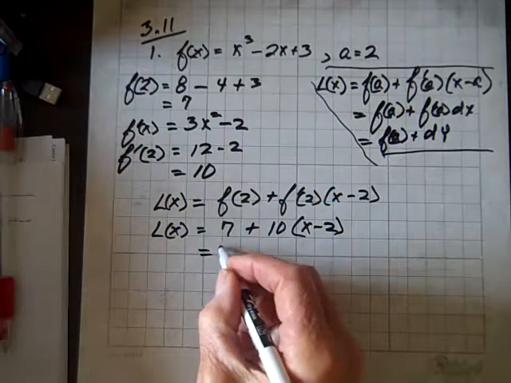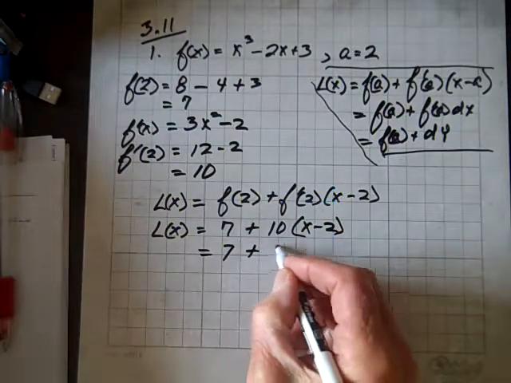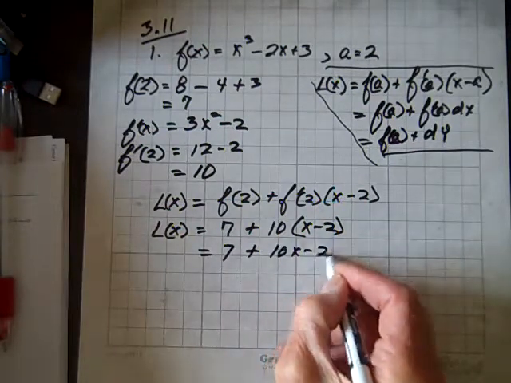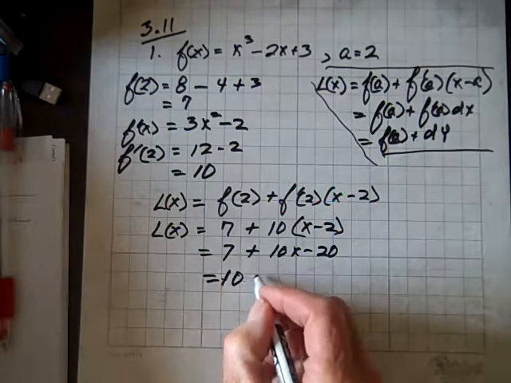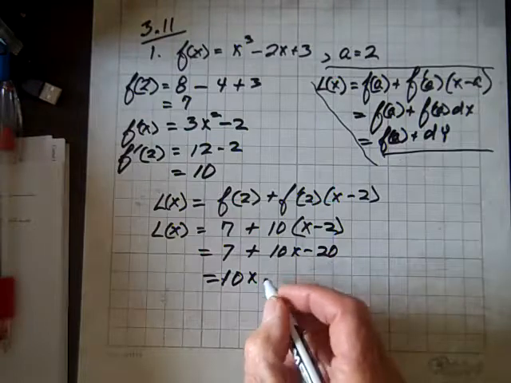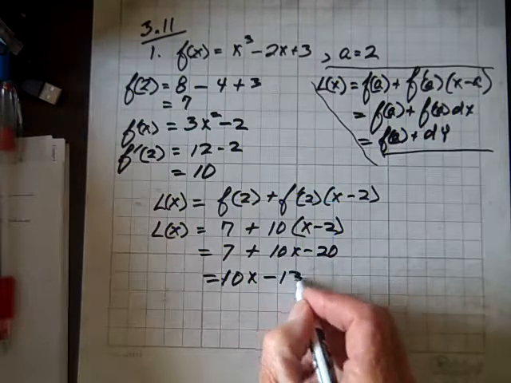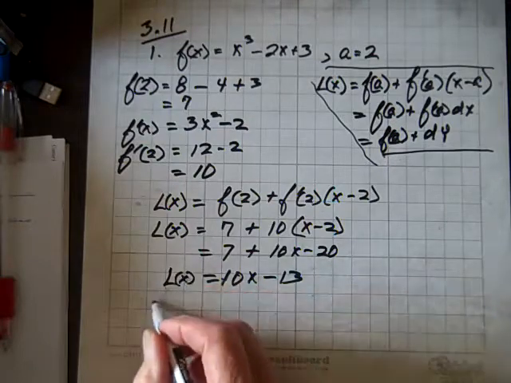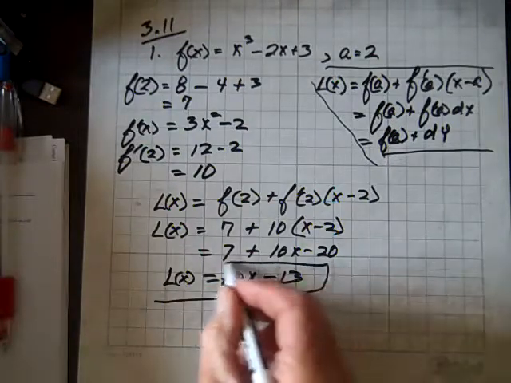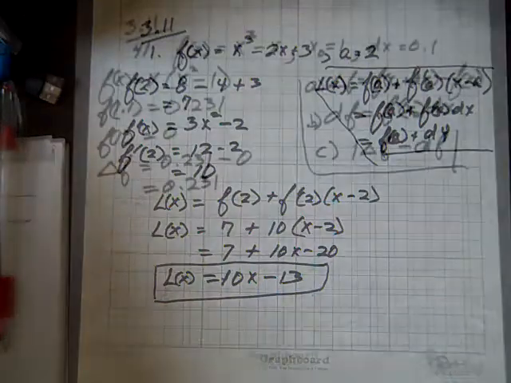Now we'll expand that, and we get 10x minus 20, and that equals 10x, and 7 minus 20 is negative 13, and that's what L of x equals, the linearization of that function at x equals 2.